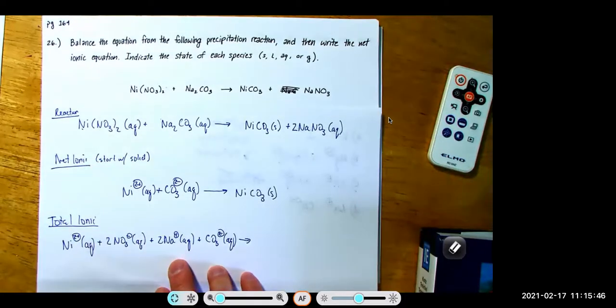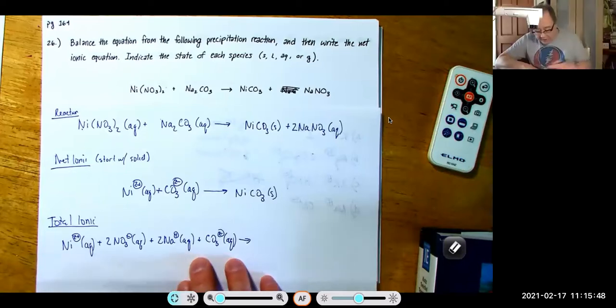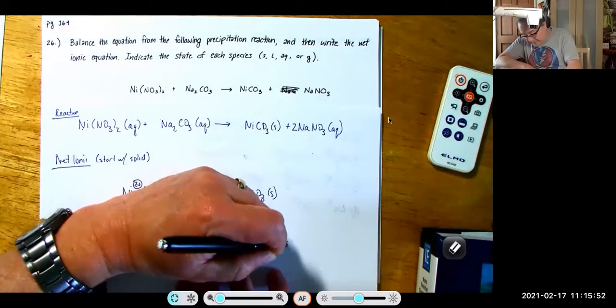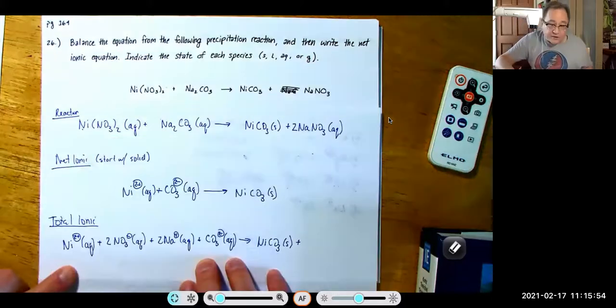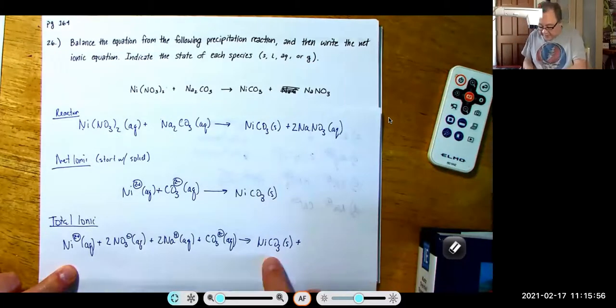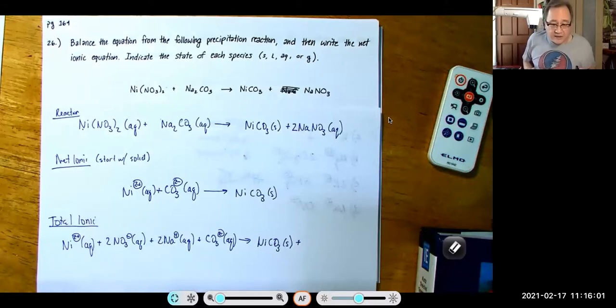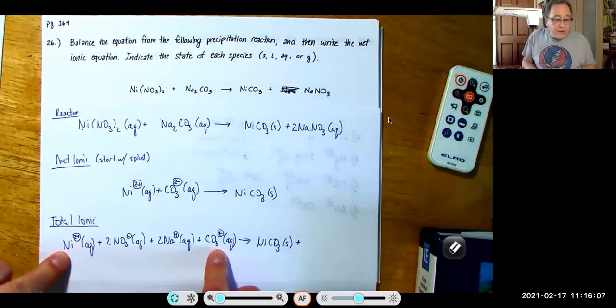Right. And that's how you start. And then over here, notice this side. For the solid, I don't write them separately. And the reason I don't is because they are ionically bonded together. Here, they're free floating in solution.